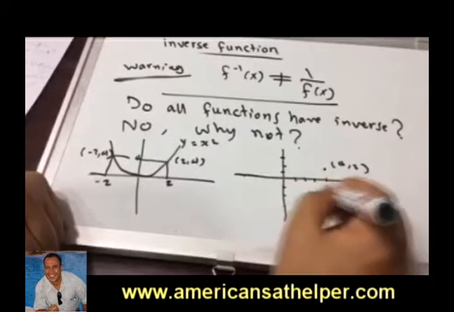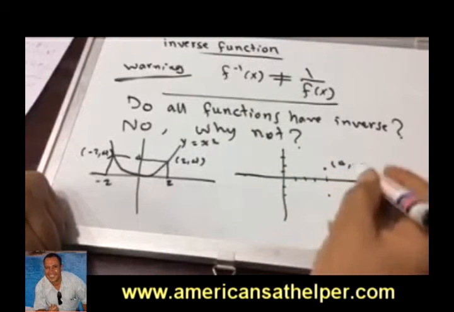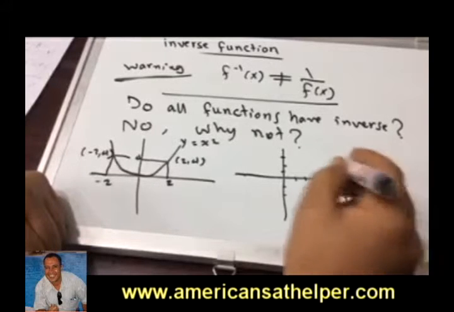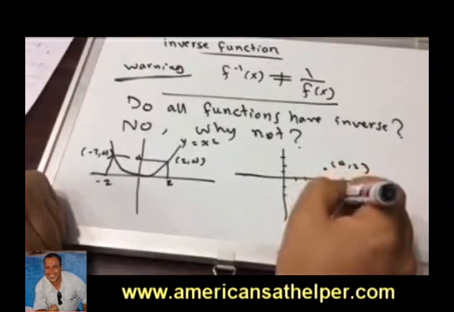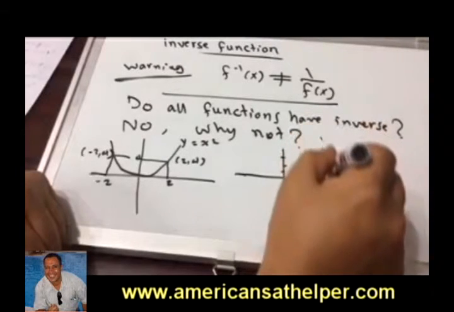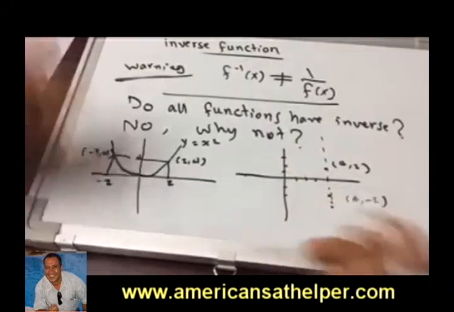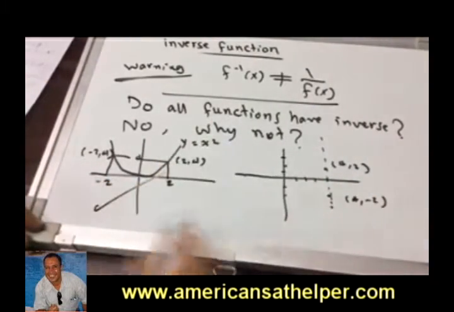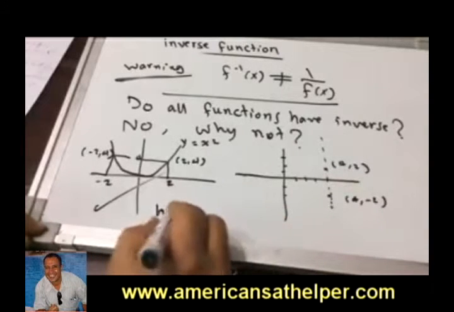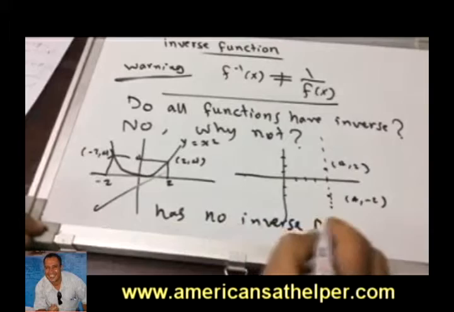Since the x coordinate is the same, these are 2 points on the graph. If you draw a vertical line, it will pass through 2 points. This means this is not a function. So this quadratic function has no inverse function.